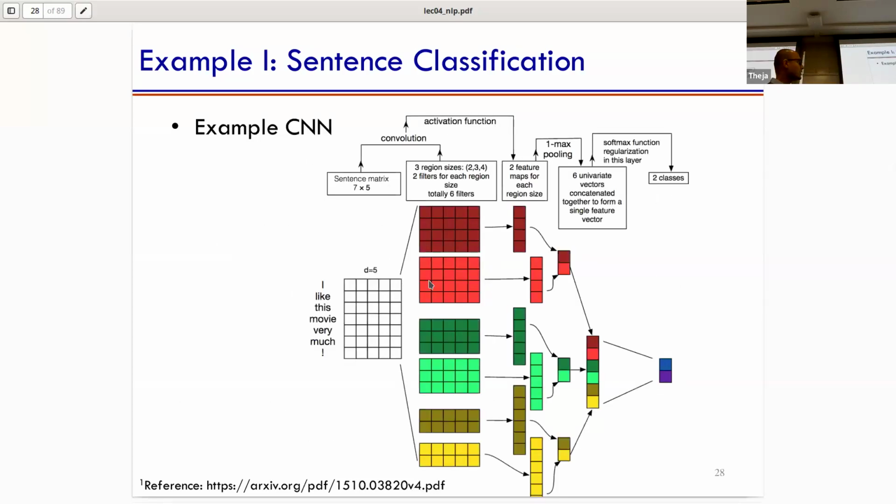And that's being shown in this figure. Let's not worry about the text at the top for now; we'll read that in a second. Let's focus on what's happening with these arrows. On the left side, just for illustration's sake, we chose the number of columns to be 5. Our sentence is, I like this movie very much.